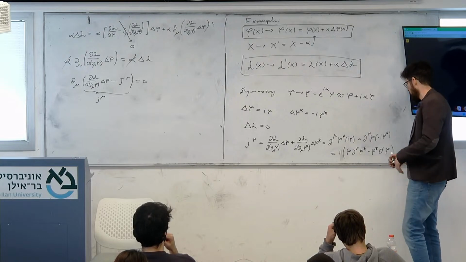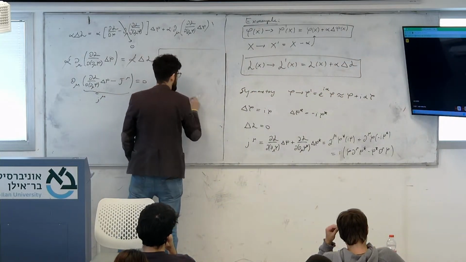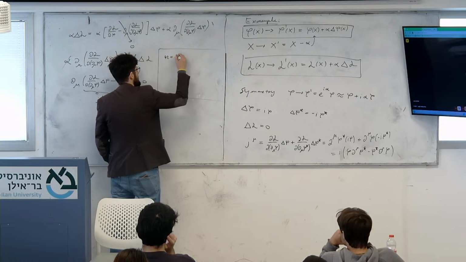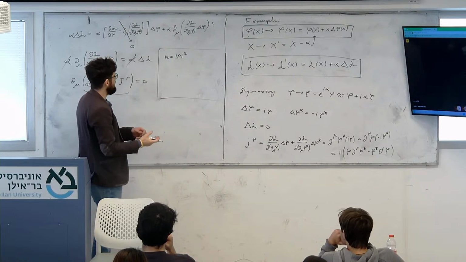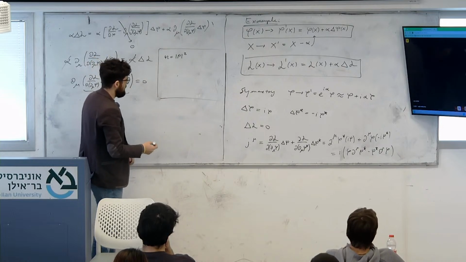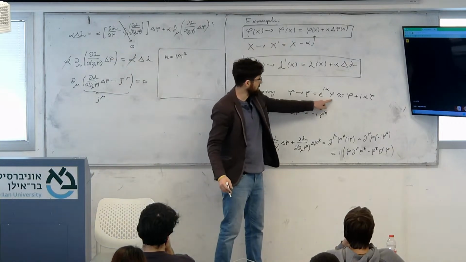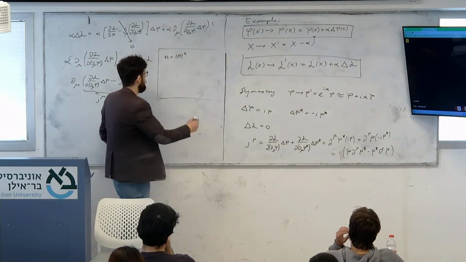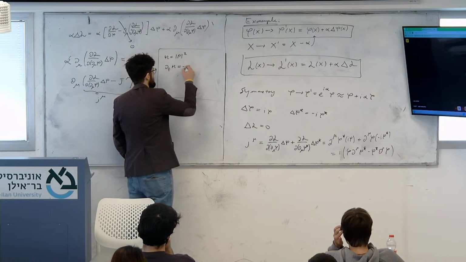But I think that it should be so, if I remember correctly. I didn't check this when I prepared this class, that if you write, say n is something like phi squared, the probability of this field, then because what this transformation really tells us is that there is a conservation of probability, conservation of particle number, then we should get a continuity equation.